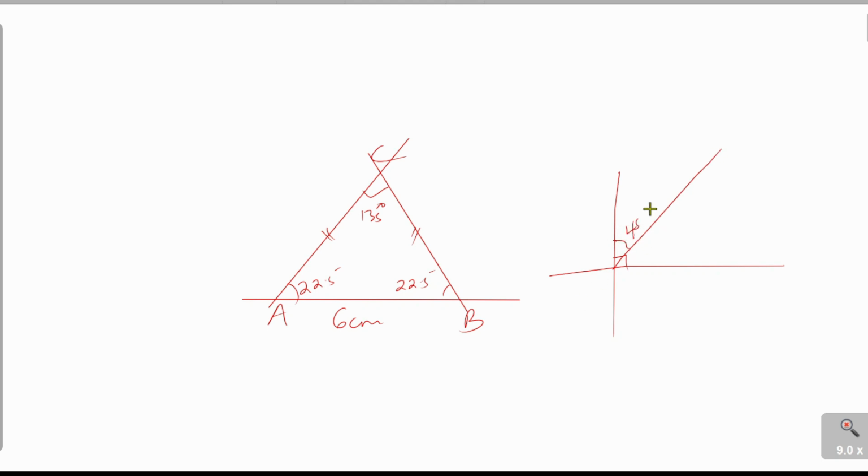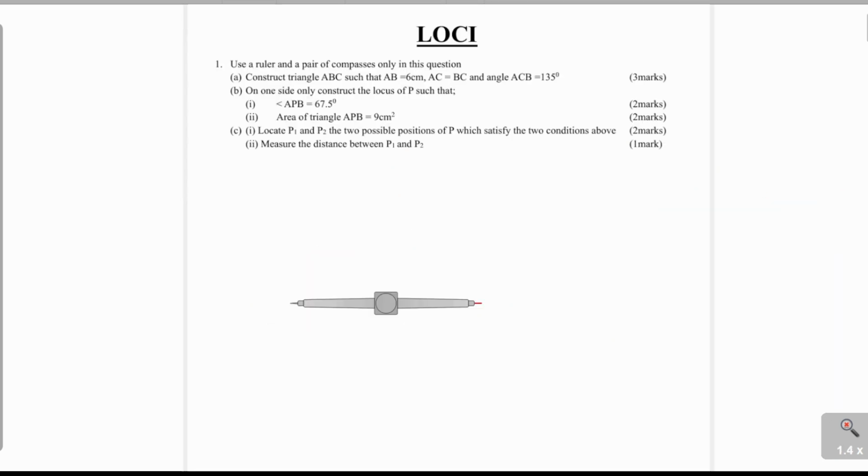Then again, we will bisect the other 45 in order to get 22.5 and 22.5 on either side. Once we have 22.5 at A and 22.5 at the other end, the point of intersection of these lines will be point C.